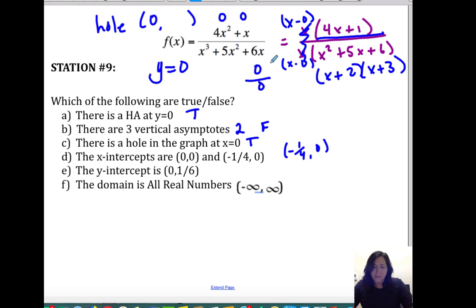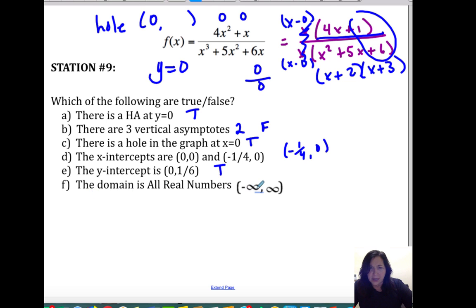So what is the question? The question is saying that I have a y-intercept at 0, hold on, I've lost my place. So for this problem, at 0, 1/6, yeah, here we go. If that was 0 and I canceled out all my x's, I'm going to have that value there at 0, 1/6. Yes.